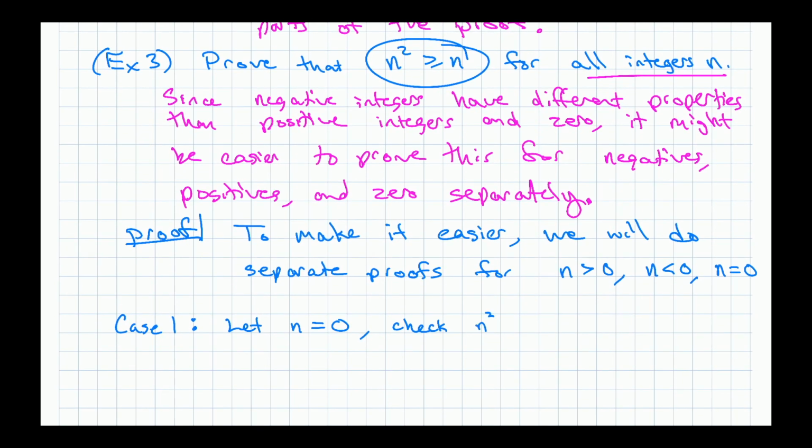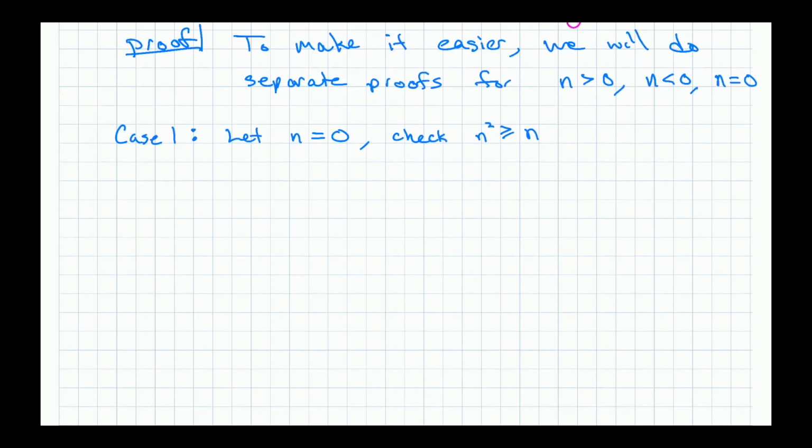That's the property. So in this case, put in a 0, right? Because we're checking n equals 0. 0 squared greater than or equal to 0? Well, that's 0 greater than or equal to 0, right? And of course, that's true. All right, done. That's what we needed to do for that case.